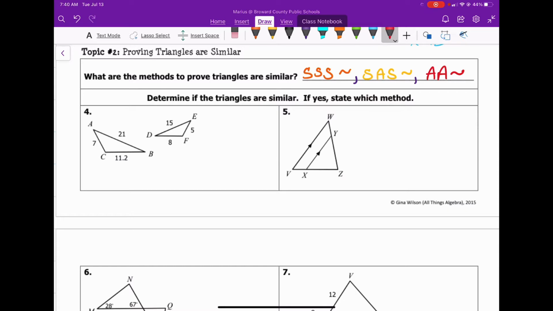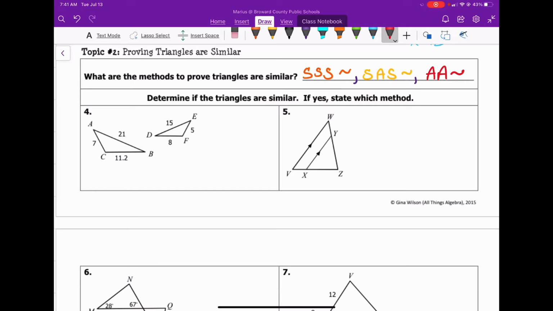Now, when it comes to the sides in similar triangles, the sides have to be proportional. And the proportions have to be equal to one another, because just because you have two proportions doesn't make the triangles similar. The proportions have to be equal.